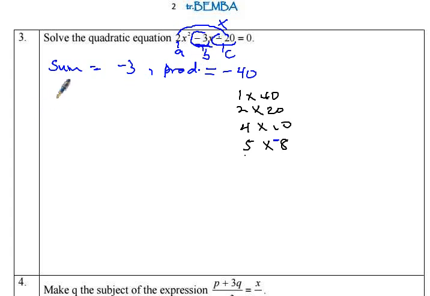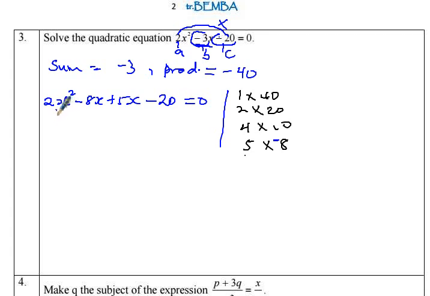So we're going to write this as 2x squared. So instead of saying minus 3x, I will write there minus 8x plus 5x, okay? Note that when I add these two, I go back to minus 3x. Then I have this constant here, minus 20 is equal to 0, okay?